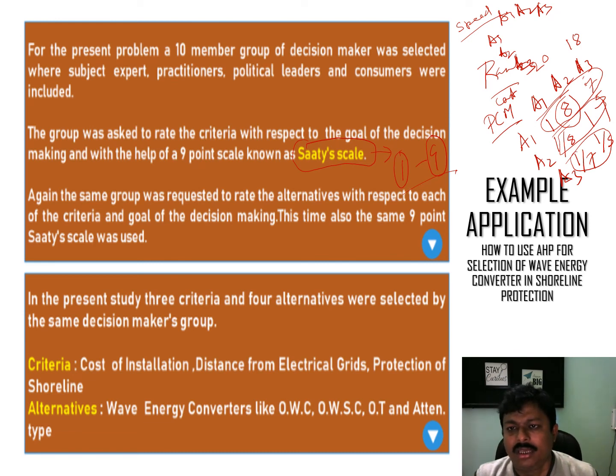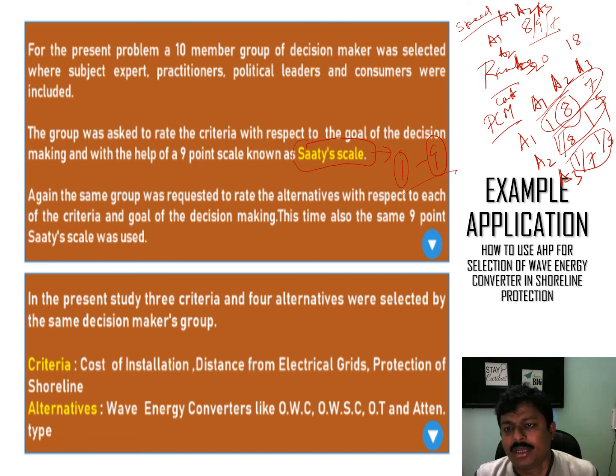Here, the speed of A1 is only 120 km per hour, but the speed of A2 is around 250 km per hour. Now here you can write 8, or 9, or 7. It is up to you.